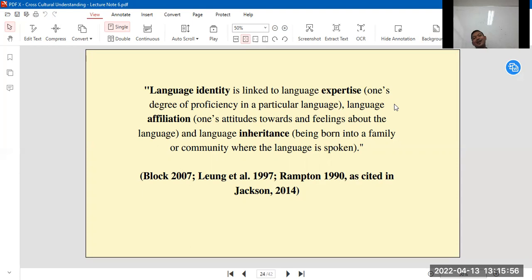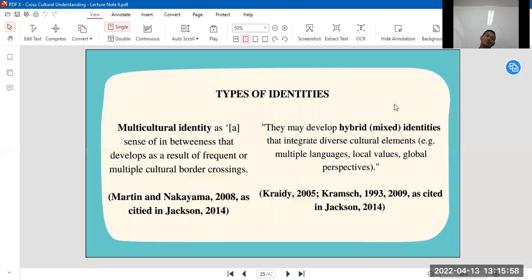That is the language identity. Another type of identity is the multicultural identity. Multicultural identity is a sense of in-betweenness that develops as a result of frequent or multiple cultural border crossings. What does it mean to be multicultural?